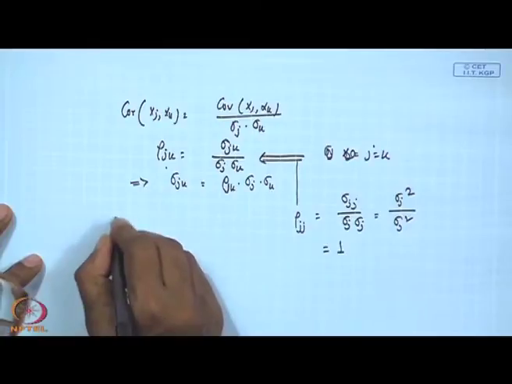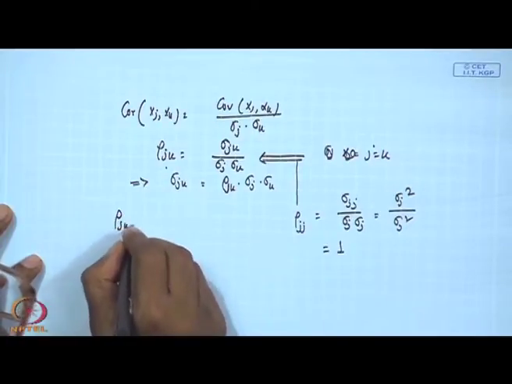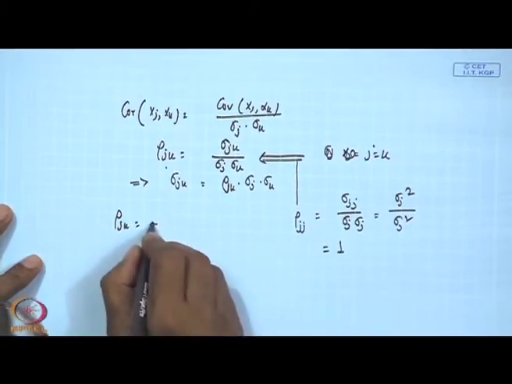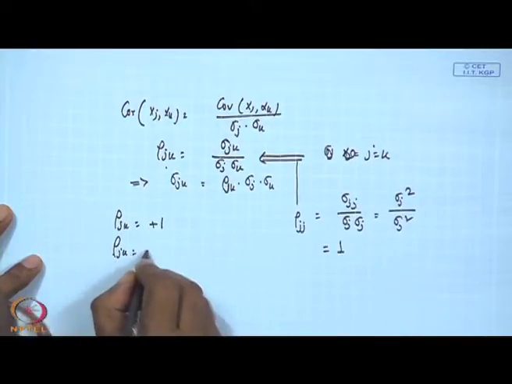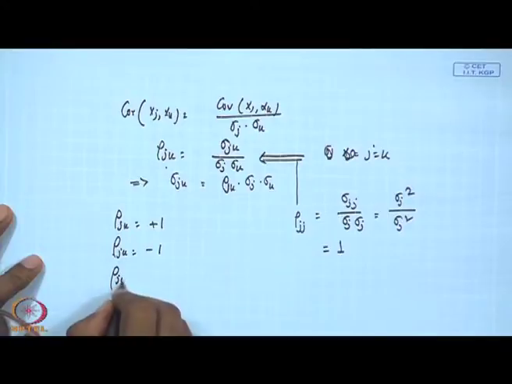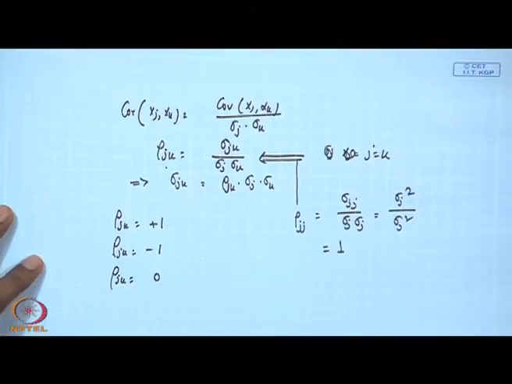Okay. The same thing will happen for sample data also. Now, what do you mean by this? Suppose the correlation between j and k is +1, the correlation between j and k is -1, the correlation between j and k is 0. Okay.